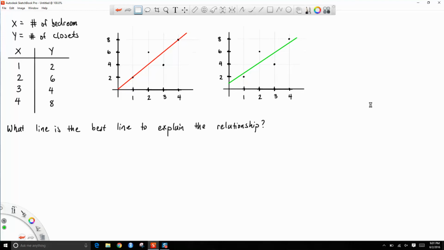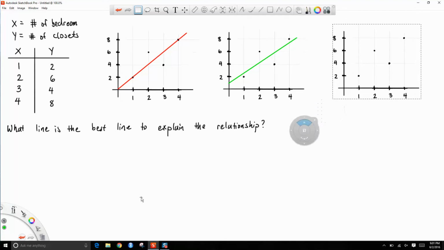We could imagine other possible lines as well, so I'll put this blue line. As far as lines go, the blue one would not be a good candidate for a trend line, but both the red line and the green line look pretty good.